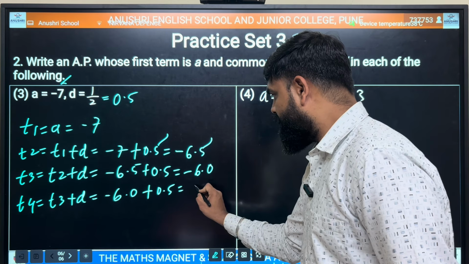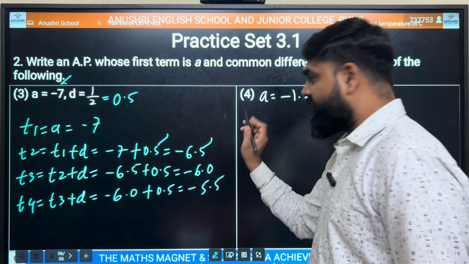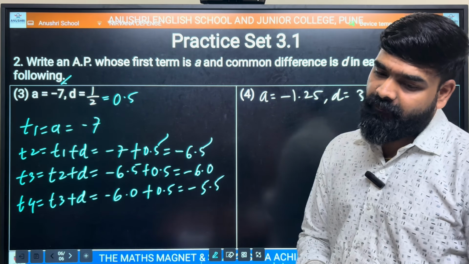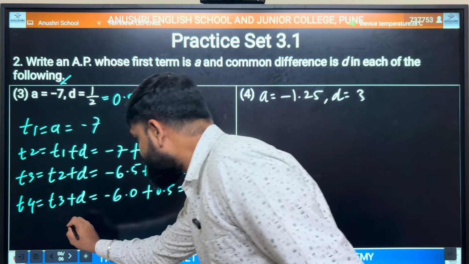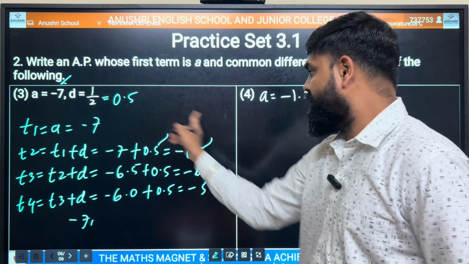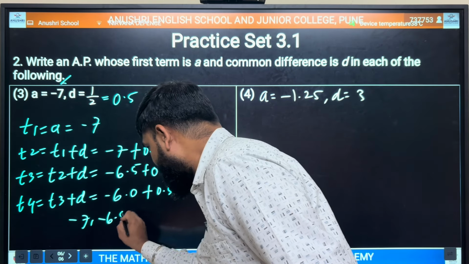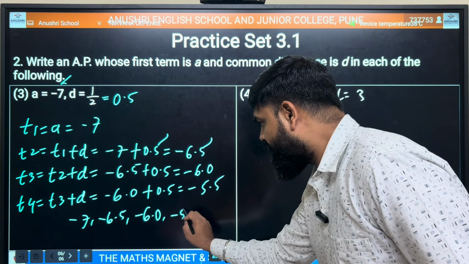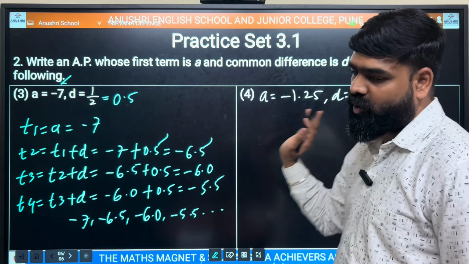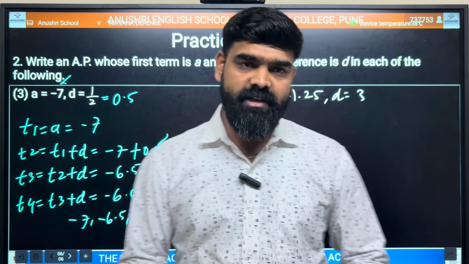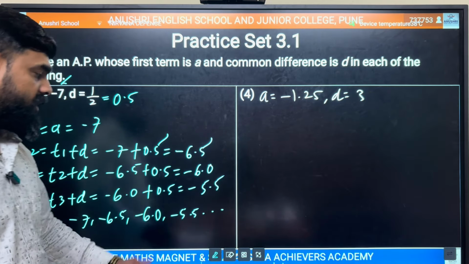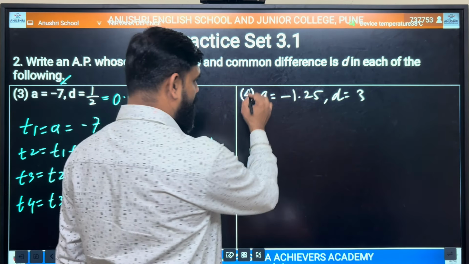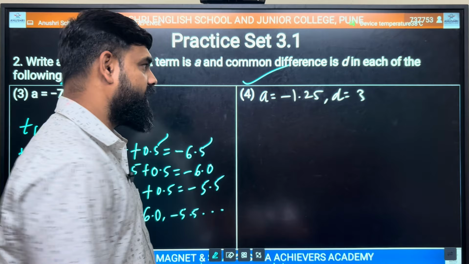So we will get here minus 5.5. So we got an AP here which is minus 7, minus 6.5, minus 6.0, and minus 5.5, and so on. So we got this minus 5.5 as the fourth term.